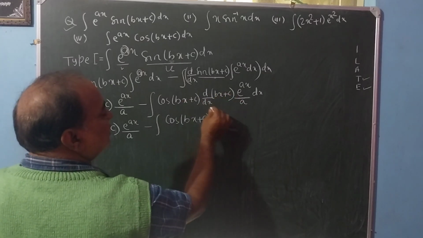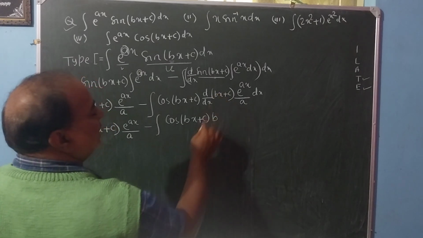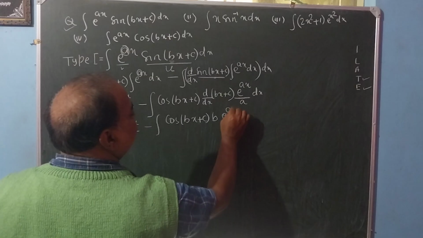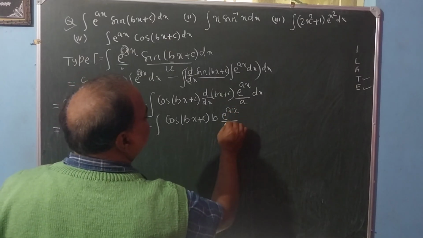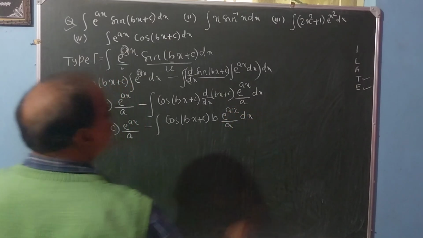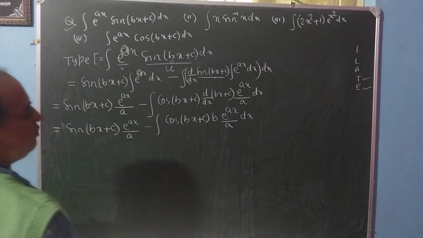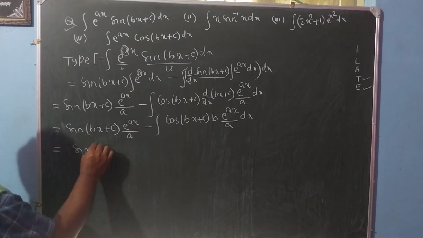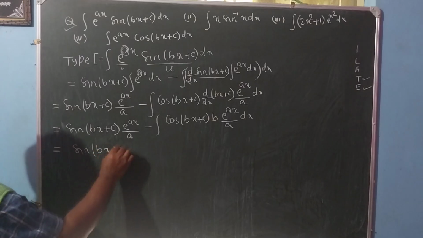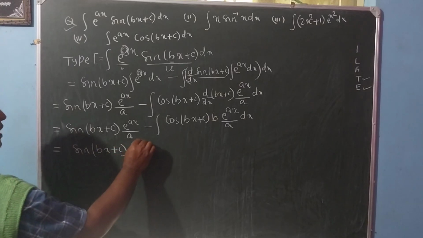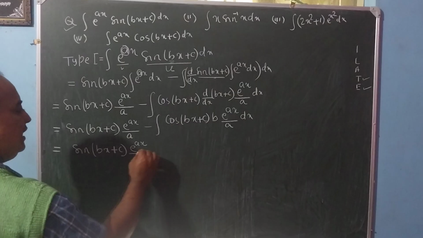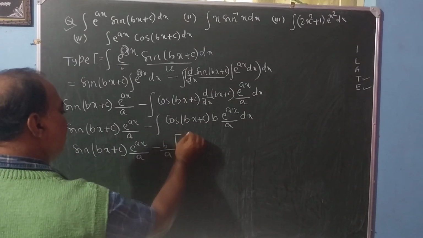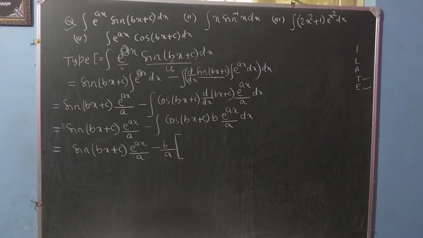Here b is constant, so it stays outside, the derivative of x is 1, and the derivative of the constant c is 0. So we get e to the power ax by a into dx. So b by a is a constant that will come outside of the integration.